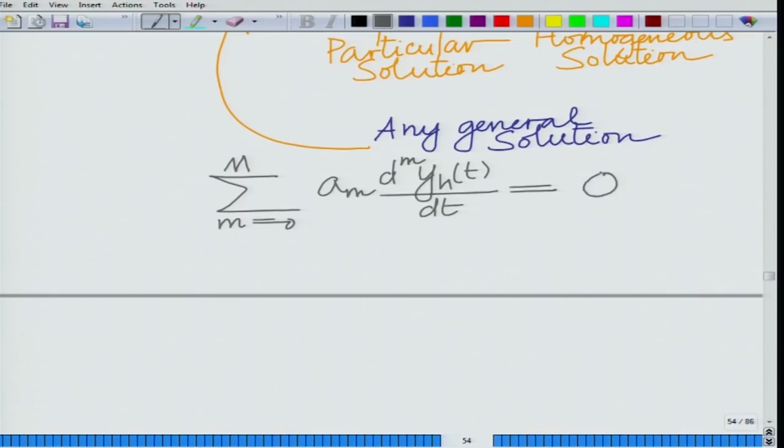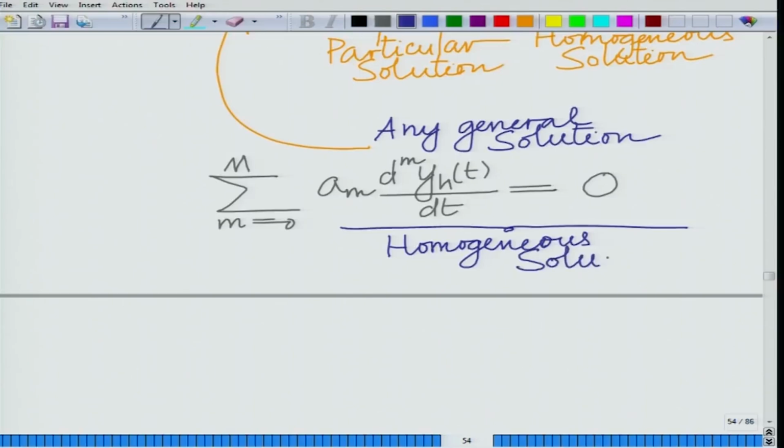So, set this equal to 0, and this gives the homogeneous solution.